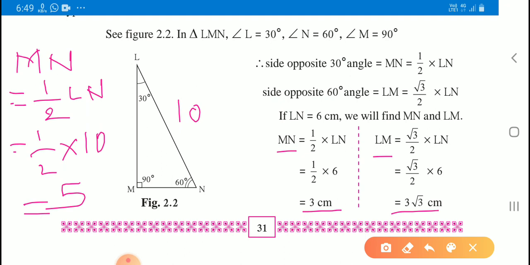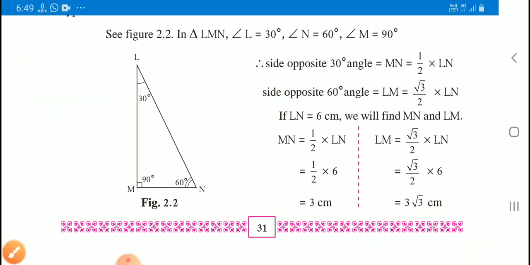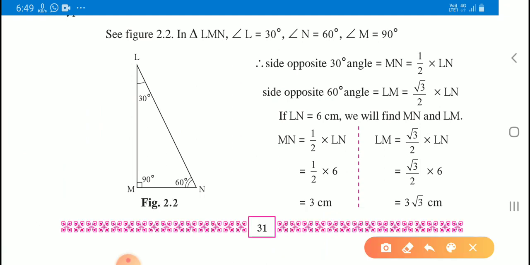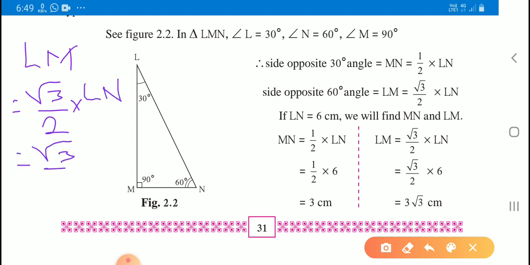Now the side opposite to 60 degree, LM, is equal to root 3 upon 2 of the hypotenuse LN. So root 3 upon 2 into 10. 2 ones are 2, 2 fives are 10, so it is equal to 5 root 3.